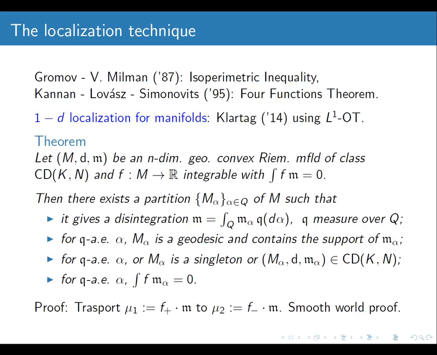What is so special about this m_alpha is that m_alpha only sees a single element of the partition, M_alpha. So this is the second point. M_alpha is just a geodesic, so it's a one-dimensional space, and it contains the support of this small m_alpha.